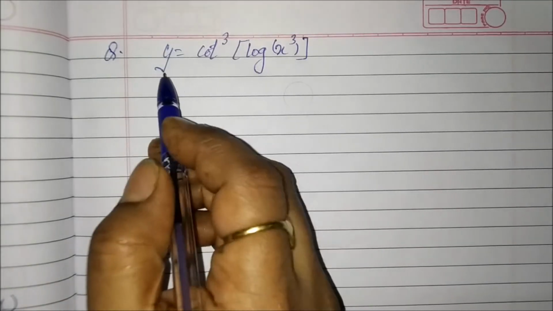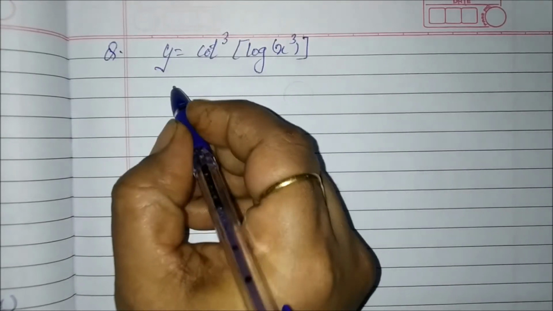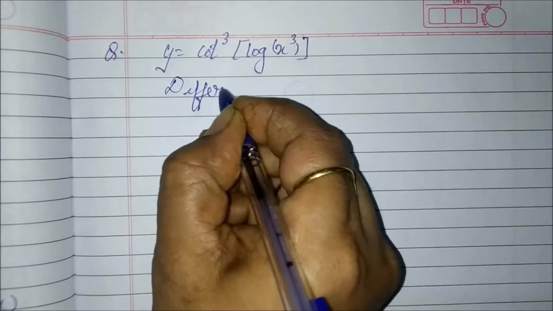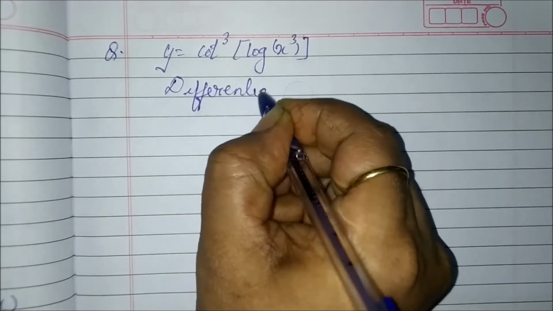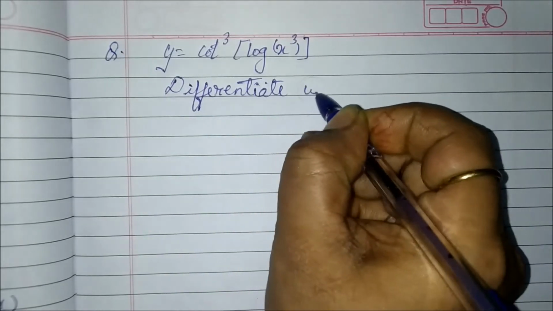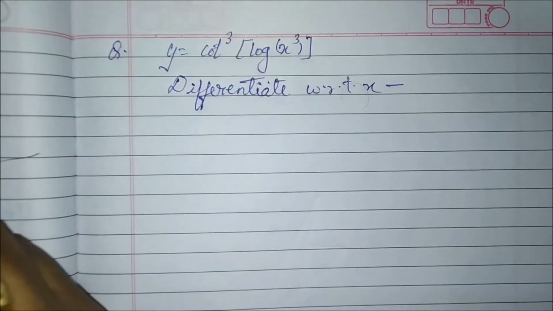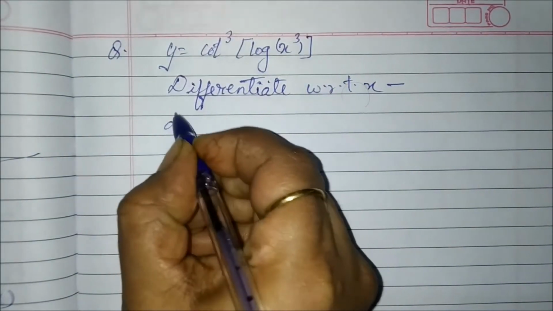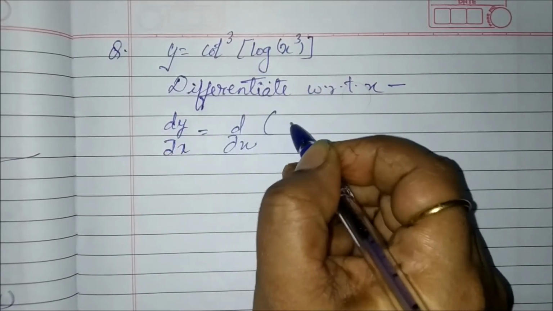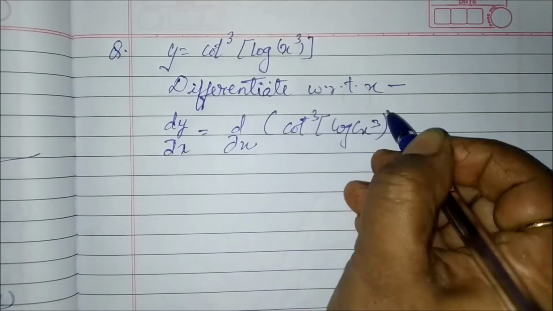The next sum is y is equal to cot cube of log of x cube. Just as we have done earlier, we have to differentiate with respect to x. So we have dy by dx is equal to d by dx of cot cube of log x cube.